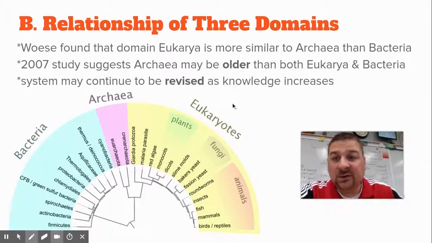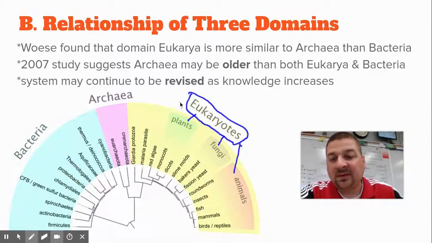As they began doing more research, Woese found that domain eukarya is actually more similar to archaea than to domain bacteria. Here's domain eukarya, with the plants, fungi, animals, and protista.